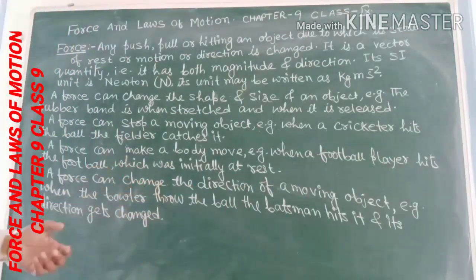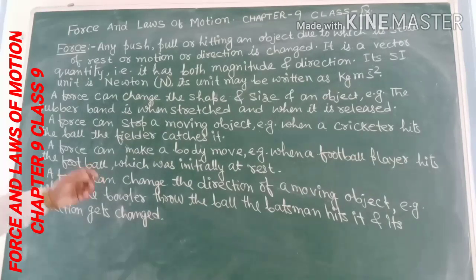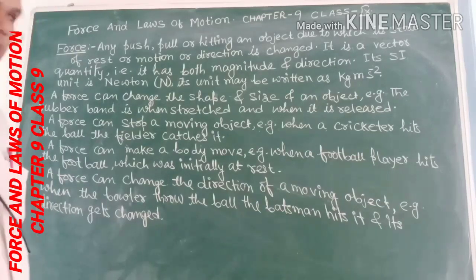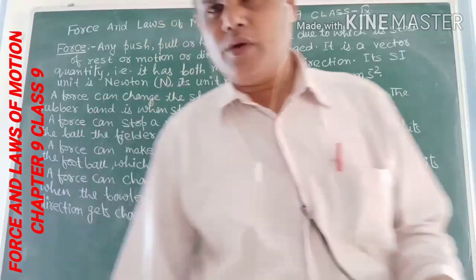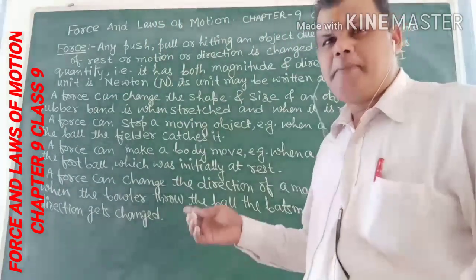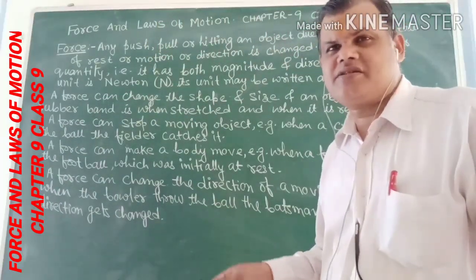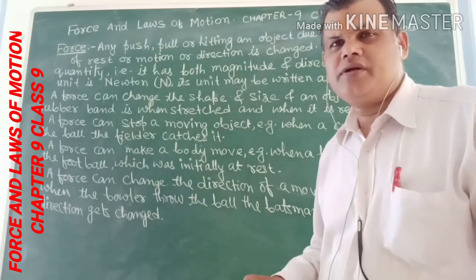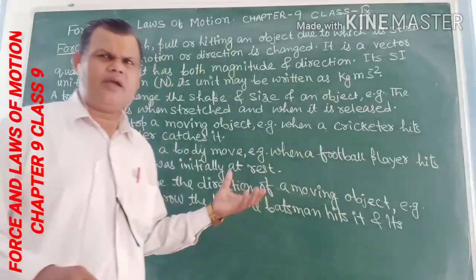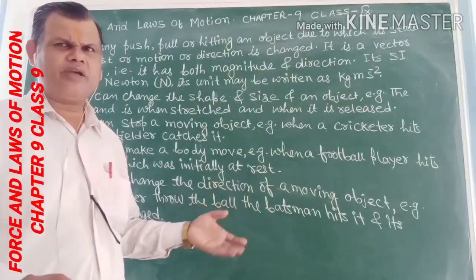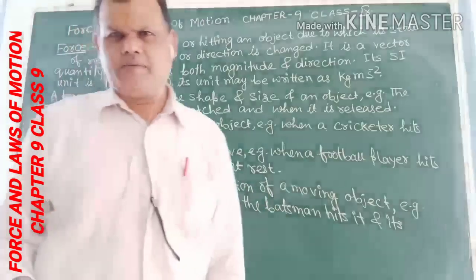This is another application of force. Similarly, a force can change the direction of a moving object. For example, when a bowler throws a ball to the batsman, then the batsman hits the ball and the direction changes. Similarly, we can see various effects of force in our daily life.